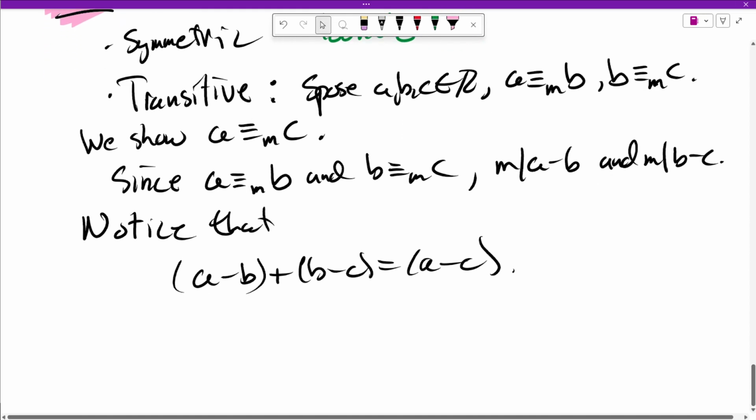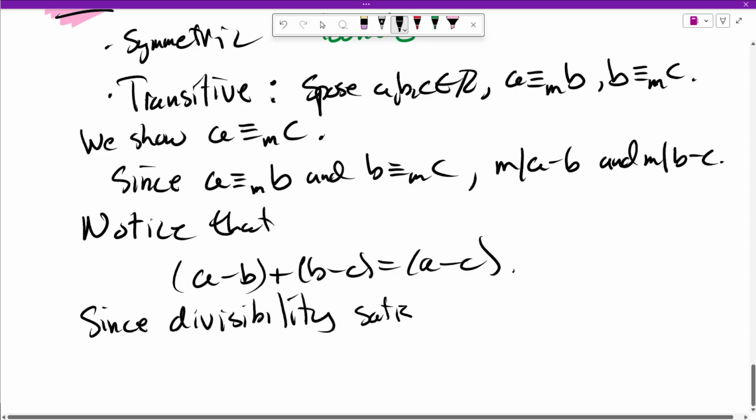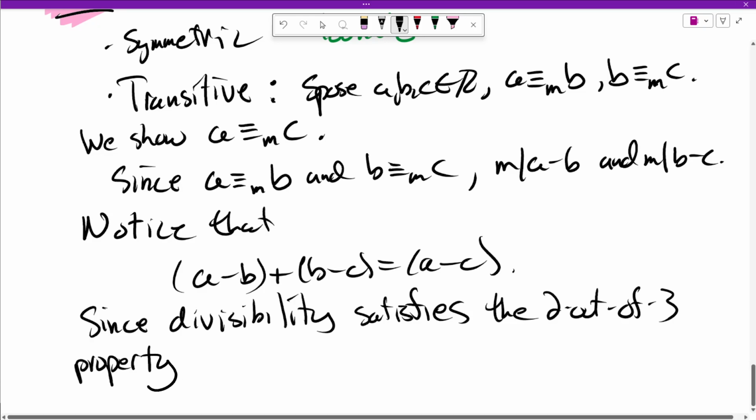And you proved that divisibility satisfies this 2 out of 3 condition. That was one of the problems in class.